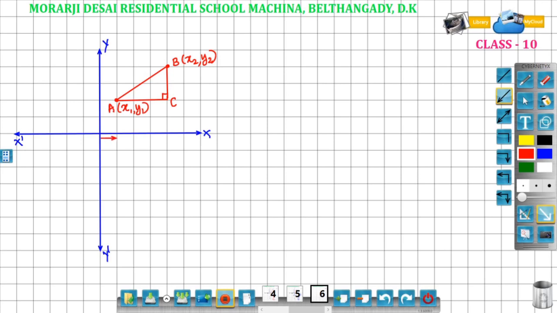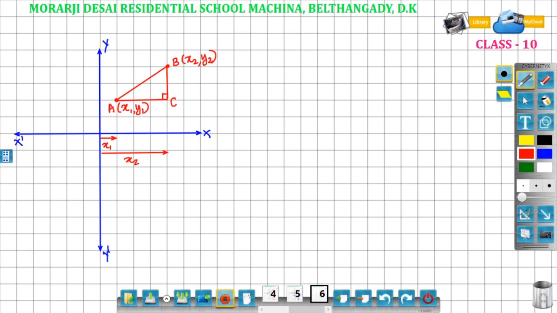Now point A is at a distance x1 along the x-axis, and point B is at a distance x2 along the x-axis because the x coordinate of point B is x2.